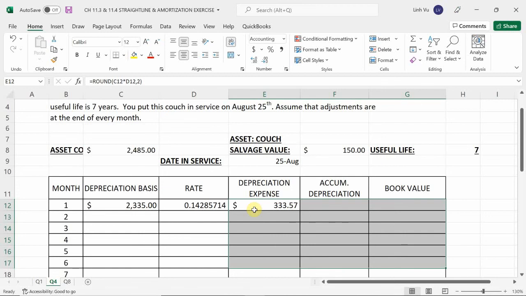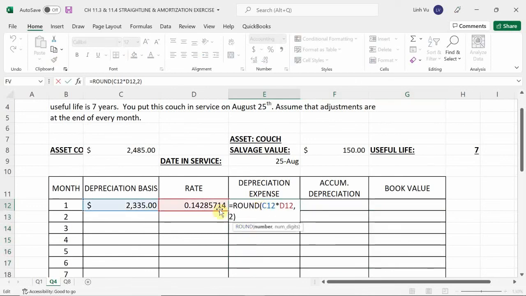How many months do we have for the rest of the year? Well, in this case, the depreciation expense, $333.57, is for the whole year. I need to only depreciate for the month.